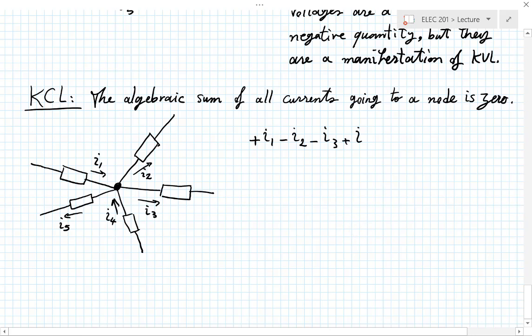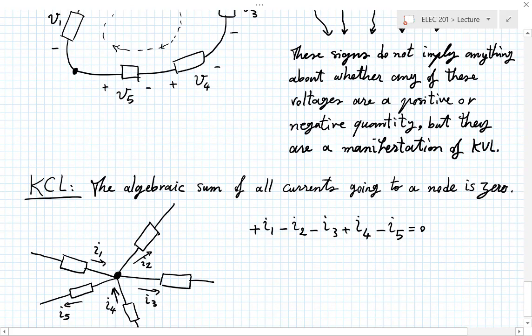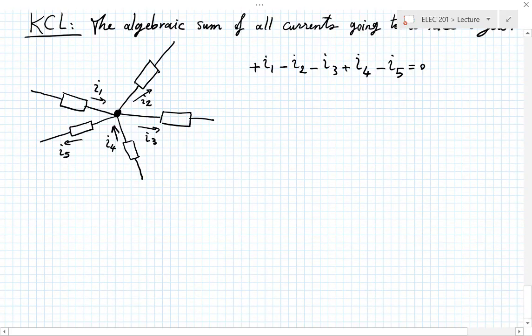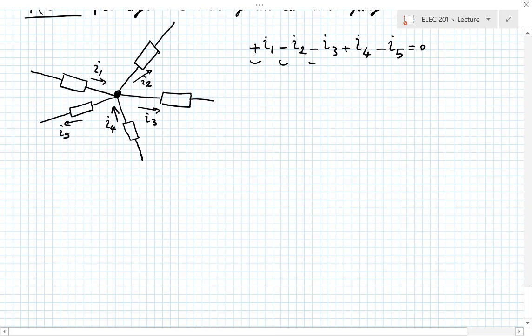But I4 is pointed toward the node, and I5 is pointing away from the node. Similarly to what we had in KVL, these signs do not imply anything about whether any of these currents are a positive or negative quantity, but they are purely a manifestation of KCL. So this is very, very important. A surprisingly large number of people normally get confused about this.